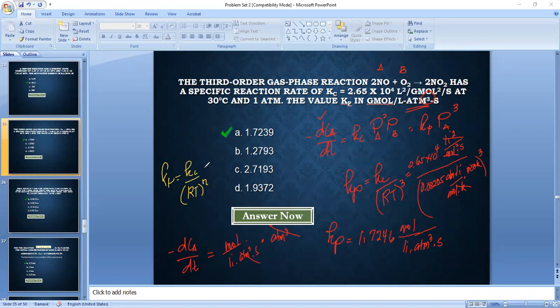This is in the case wherein the rate of reaction, as I have said already for the third time probably, is in terms of concentration per unit time. This is how you should convert your K sub C to K sub P or vice versa.